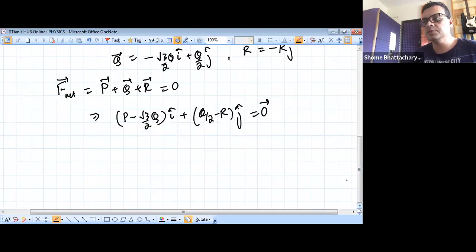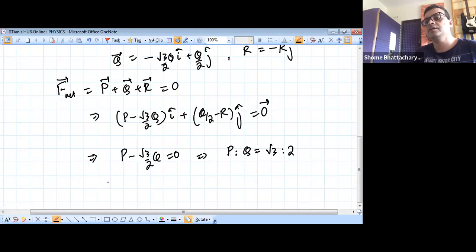If this vector is 0, that means each component is 0. So P minus root 3 by 2 Q should be equal to 0. That means P is to Q is equal to root 3 is to 2. And along with that, Q by 2 minus R is equal to 0. So that means Q is to R is equal to 2 is to 1.